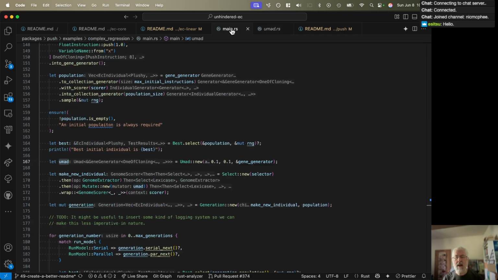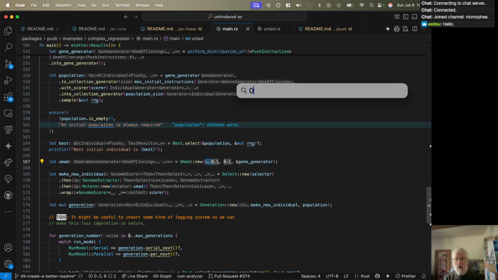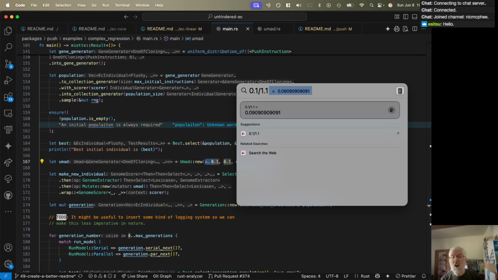And I looked, and in at least one example, and I'm willing to bet this is true for all the push examples, I used new, and I think this is on me, with 0.1 and 0.1 as the two rates. So I'm definitely not using the default system, because this deletion rate ought to be this over 1 plus this, so 0.1 divided by 1.1, which is 0.090909, and so on.